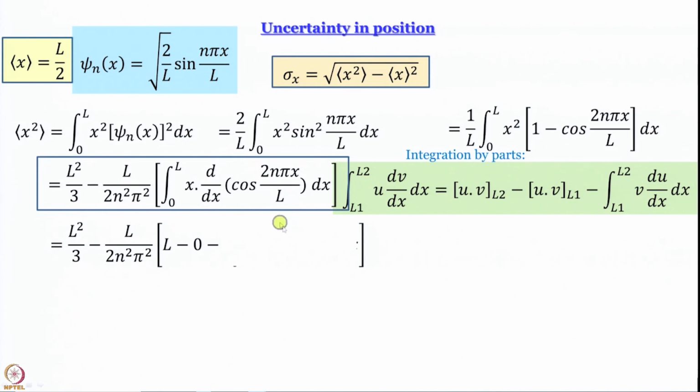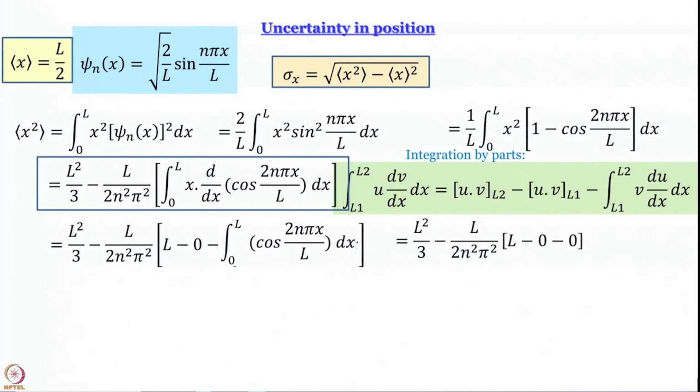So, the first term is not 0, first term is L. The second term is still 0 because you are multiplying by x, which is 0, and then we get this integral cos 2n pi x by L dx, which everybody knows how to work out, and we will do it, and we use the conditions that we have learnt already, that at the boundaries the wave function is equal to 0. Remembering that the wave function is essentially the sine term, we get L minus 0 inside the bracket and we get L cube by 3 minus L square by 2n square pi square.